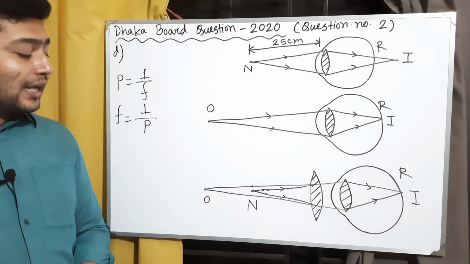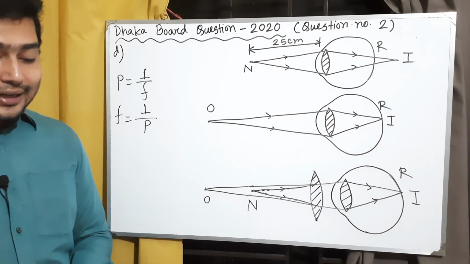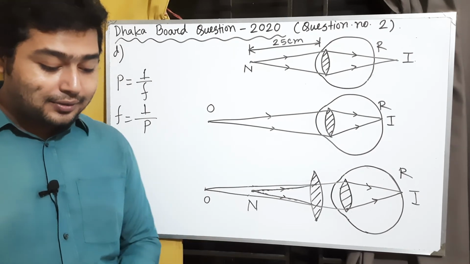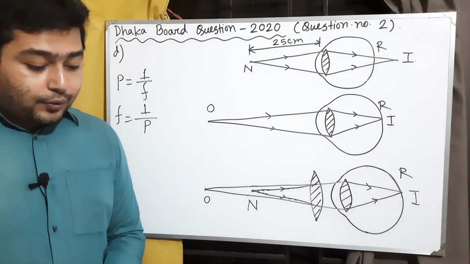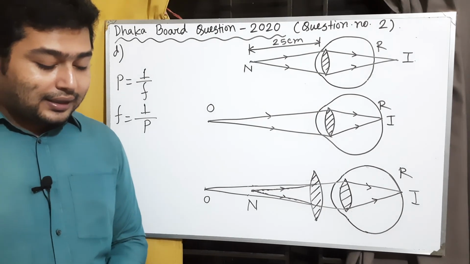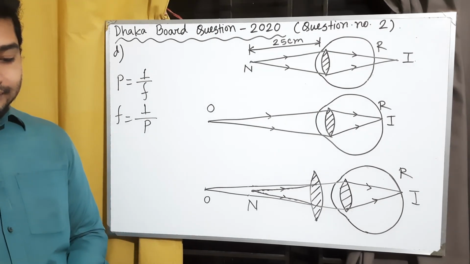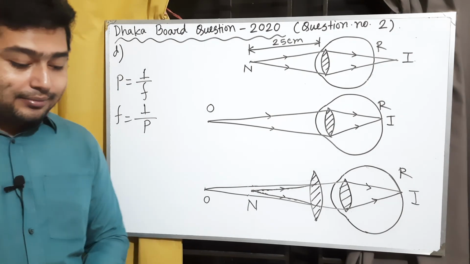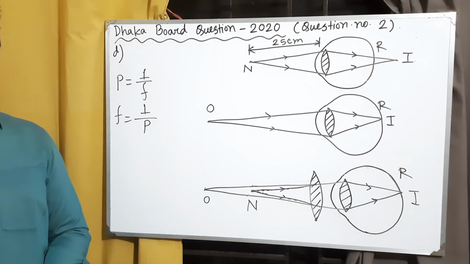So rays coming from the near object N will refract through the eye lens.